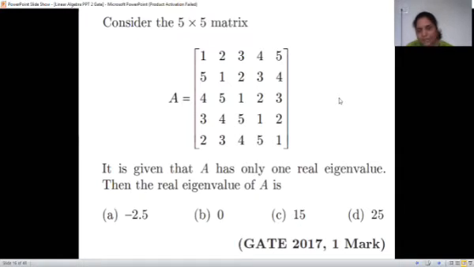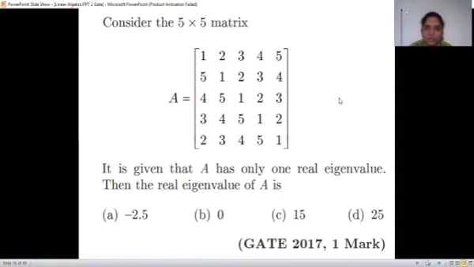So I'll give you a hint. See all the columns, or all the rows. If we see all the columns, in the first column 1 2 3 4 5 is there. In the second also 1 2 3 4 5. In the third also, in all the columns there are the terms 1 2 3 4 5. Then to find the eigenvalue, we write Ax is equal to lambda x.